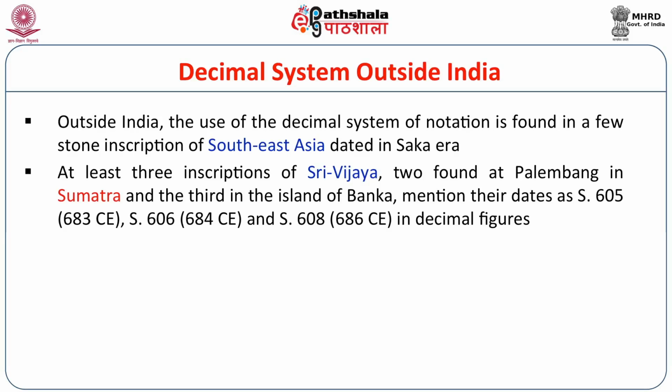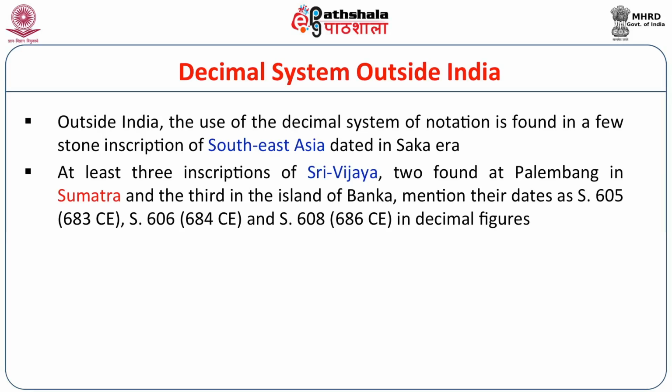The other is Saka era 606, equivalent to 684 Common Era, and the third is Saka era 608, equivalent to 686 Common Era, and all 3 inscriptions use decimal figures.